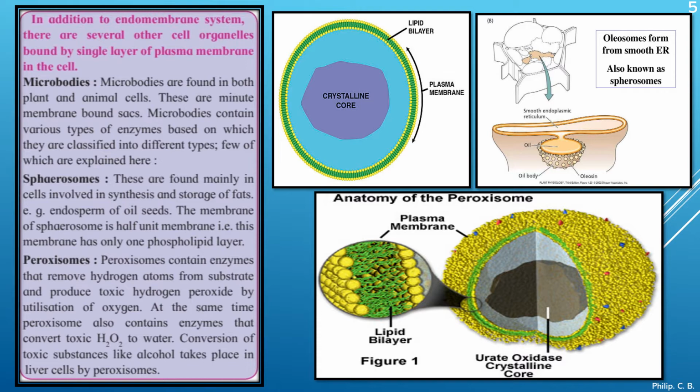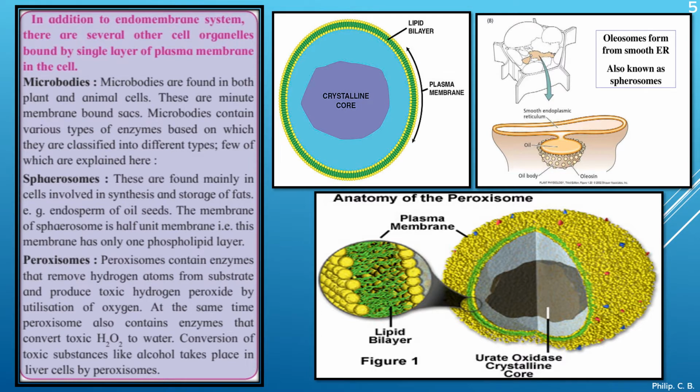They are found in the endosperm of oil seeds. The membrane of a spherosome is a half unit membrane, that is, this membrane has only one phospholipid layer. Peroxisomes contain enzymes that remove hydrogen atoms from substrate and produce toxic hydrogen peroxide by utilization of oxygen.